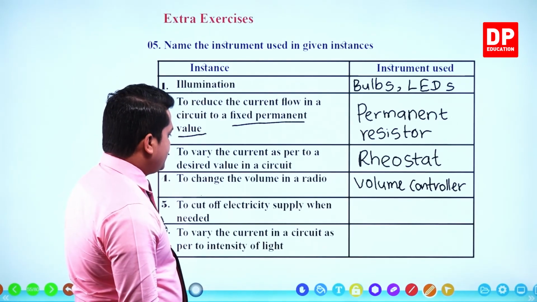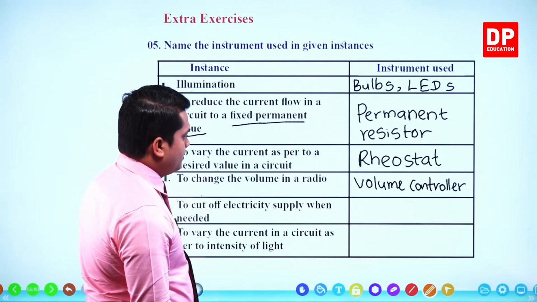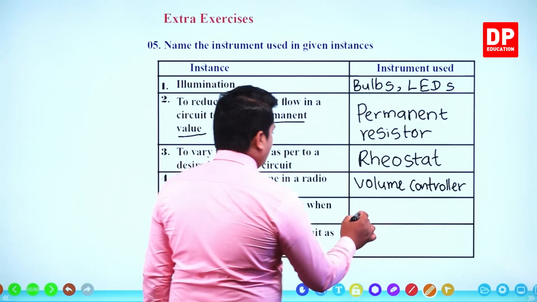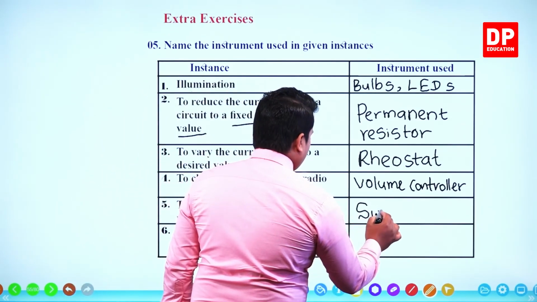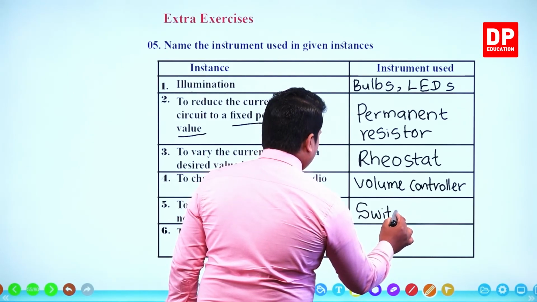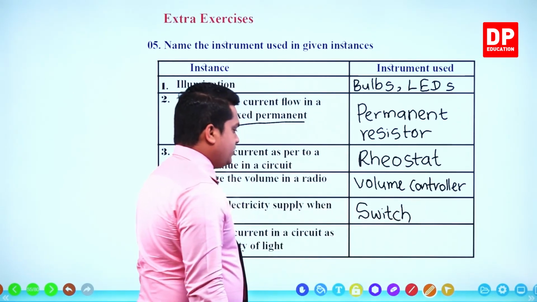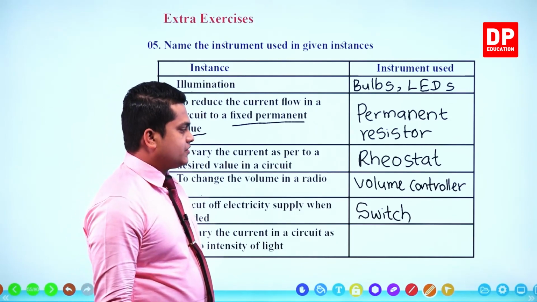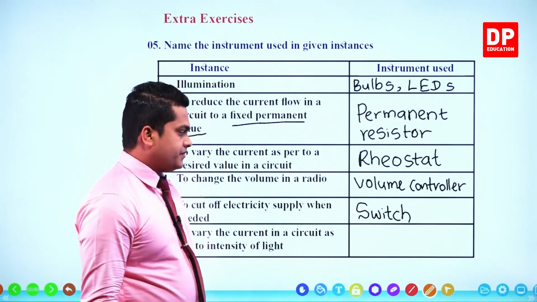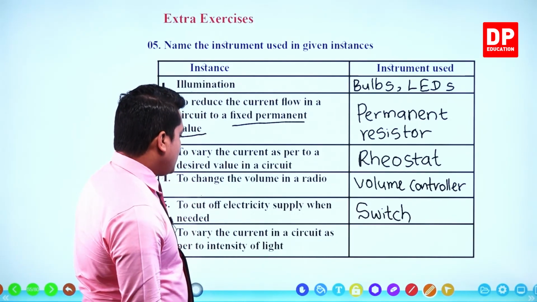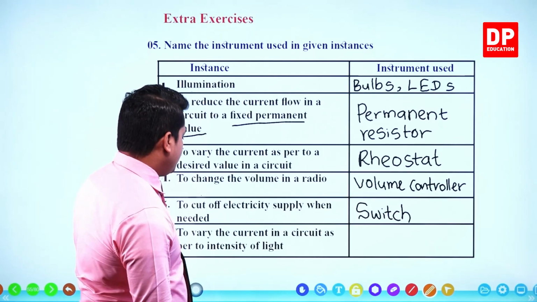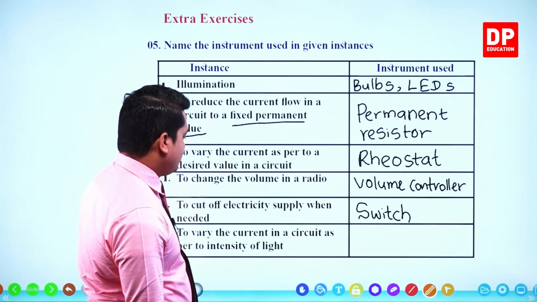To cut off electricity supply when needed. Really simple once again. To cut off the electric supply, we use a switch, right? A switch. To vary the current in a circuit as per intensity of light.